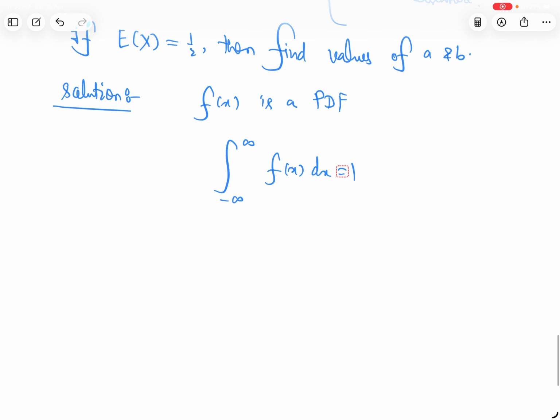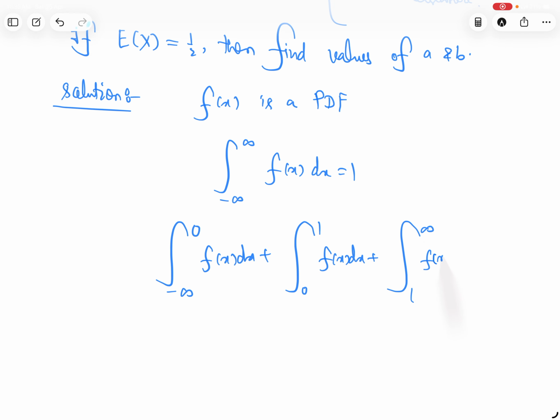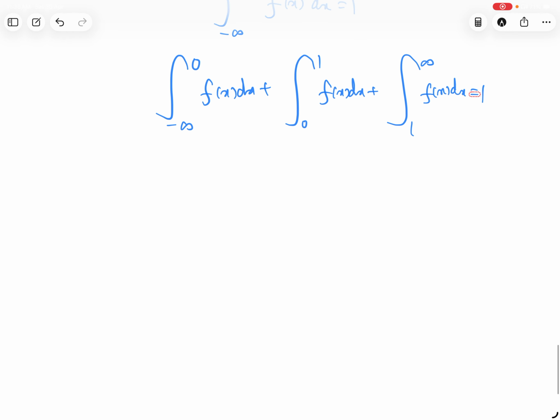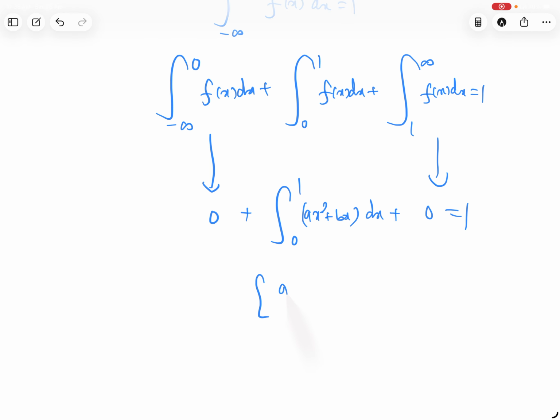I can break this integral into minus infinity to 0, plus 0 to 1, plus 1 to infinity. f is 0 from minus infinity to 0, so it becomes 0, and this also becomes 0. So the integral of ax² + bx from 0 to 1 is ax³/3 + bx²/2 from 0 to 1, equal to 1.